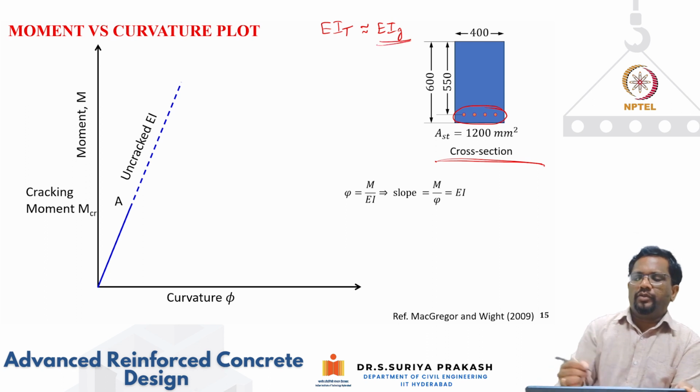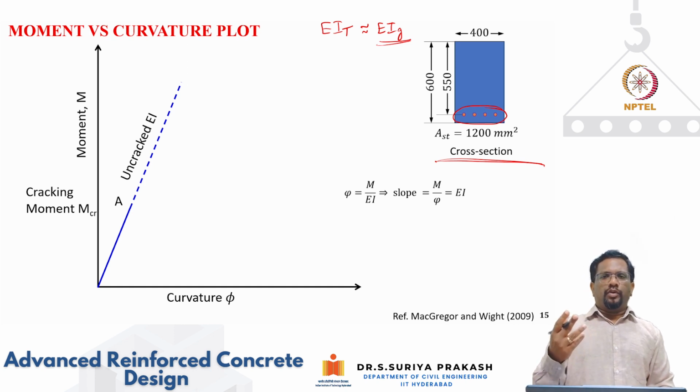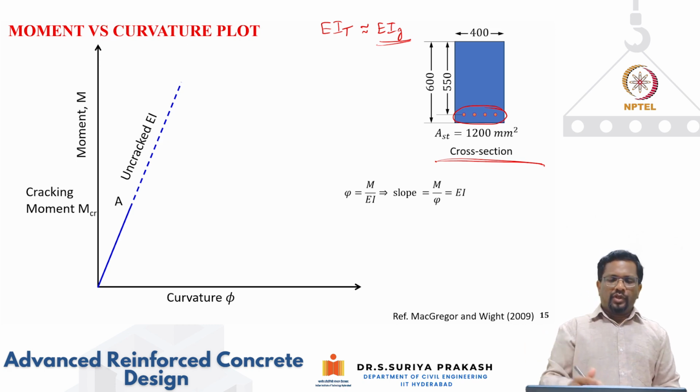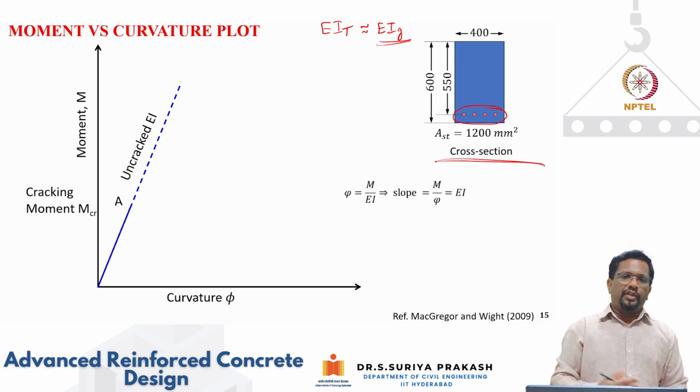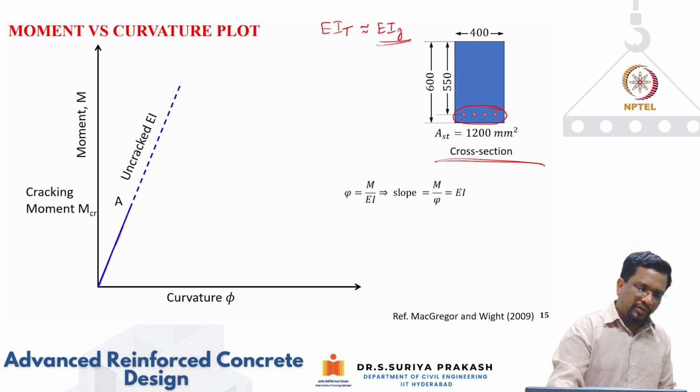Because the amount of steel is so small, the transformed moment of inertia will be nearly equal to the gross moment of inertia. So we use only the gross moment of inertia for simple calculations. So your uncracked stiffness will be like this.